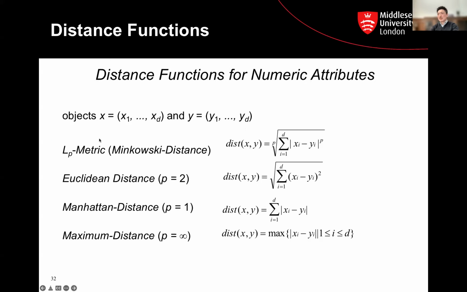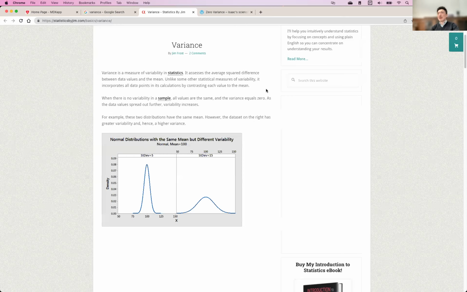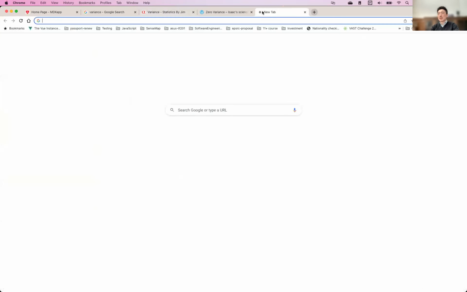Okay, and the Manhattan distance is this one. Intuitively, you can think of it like you need to get from A to B, and you have to travel on a kind of grid of streets. That's the Manhattan distance. Let me see if I can find the picture.